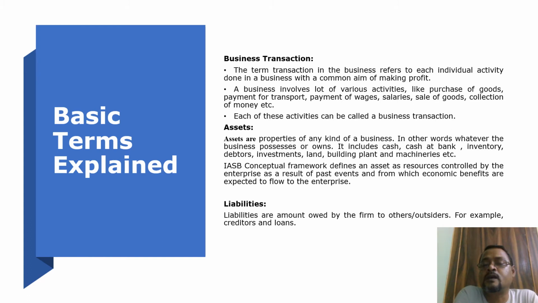For example, a piece of land, inventory, which is stock, which needs to be sold, investments, plant and machineries, cash, debtors. These are assets which can be defined as properties owned by the business.